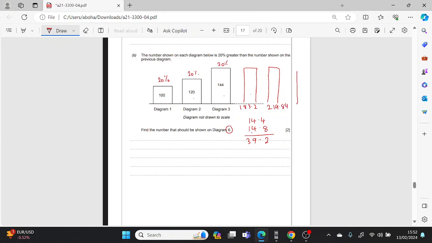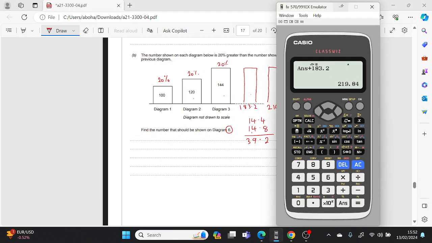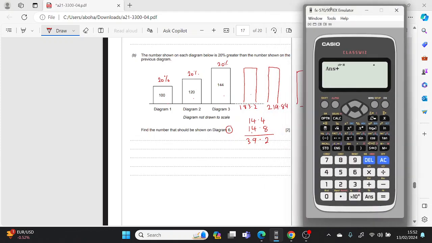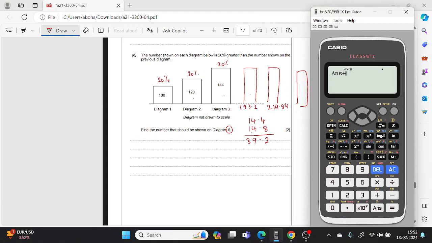And then finally the last one. Okay, so I now need to do 20% of that. 20% times the answer that we just had, plus the original amount, which was 219.84, and the answer I get is 263.8.